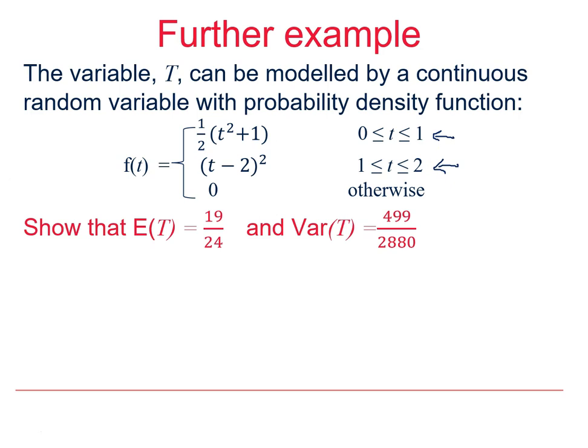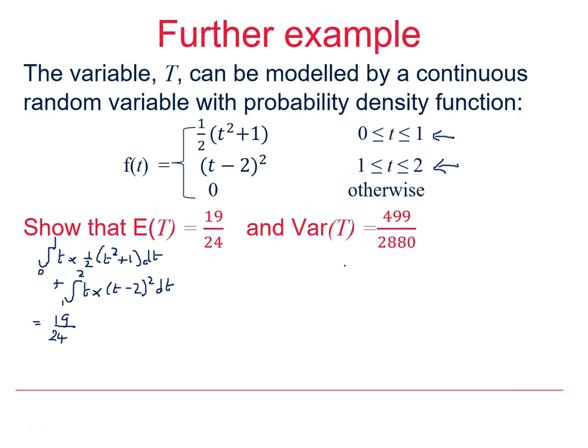And if you recall, to work out the expectation, it would be the integral between 0 and 1 of t multiplied by the PDF for that particular range, plus between 1 and 2, t multiplied by the function that's appropriate there. And you should be able to show by evaluating those that that comes to 19 over 24.